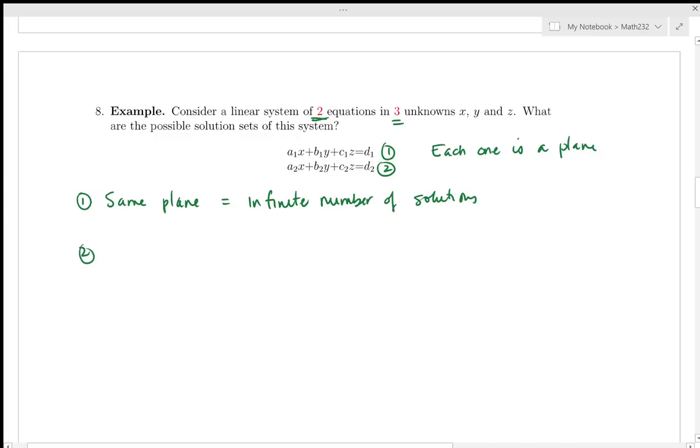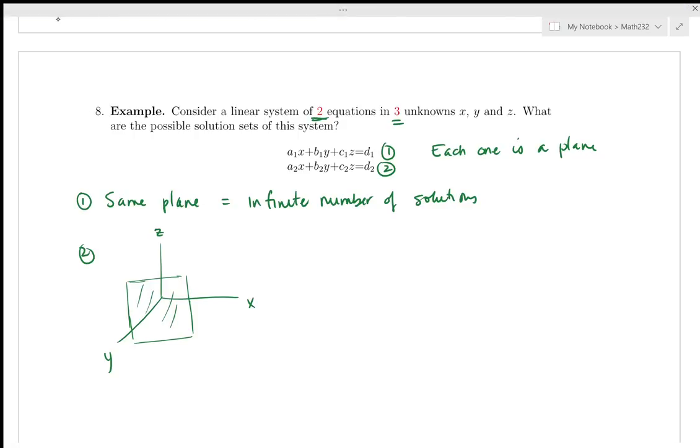If they're parallel planes, so I would have an axis system here, and I would have, say, one plane sitting here like that, and here this is my x and my y and my z. So I have one plane sitting here like that, and then I have another plane behind, oriented also vertically.